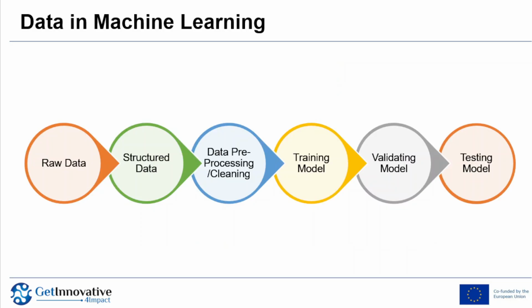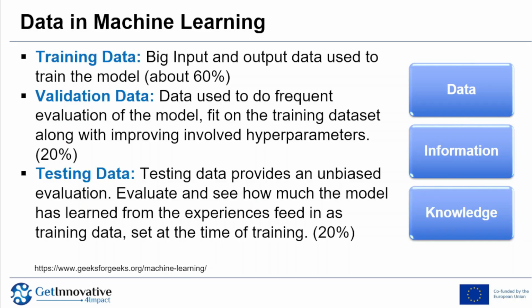Data in machine learning is transformed from raw data to structured data, then goes through data pre-processing and cleaning, training the model, then validating the model and testing the model. When we talk about the data in machine learning, it is distributed into training data, validation data and testing data.